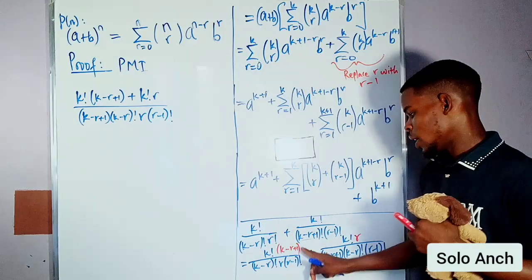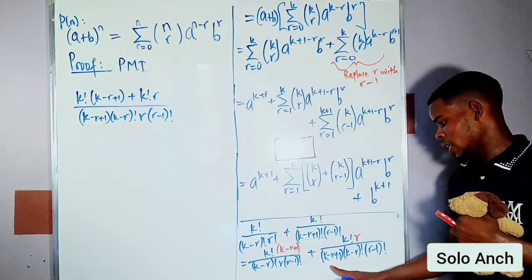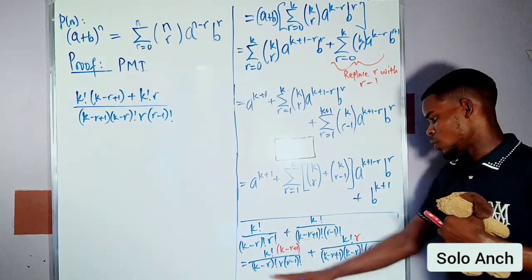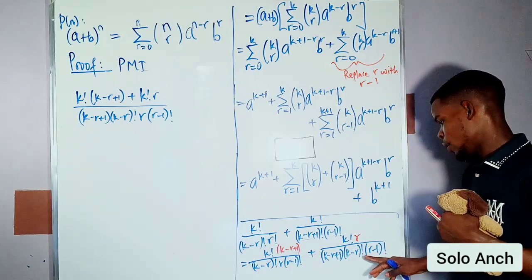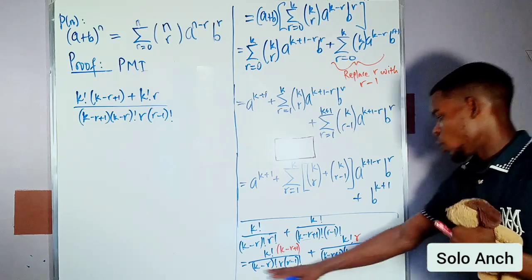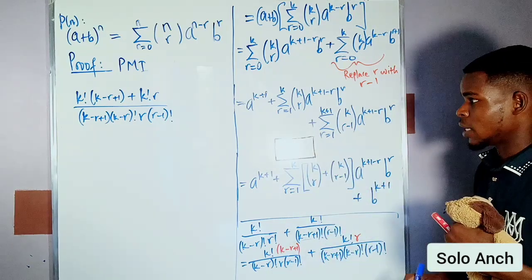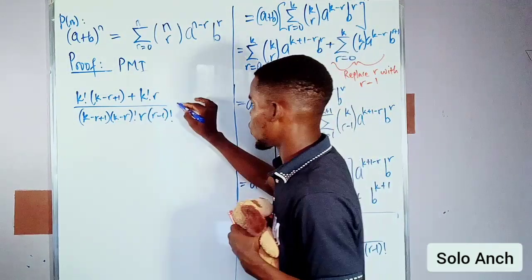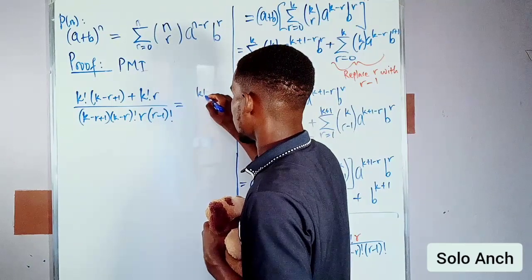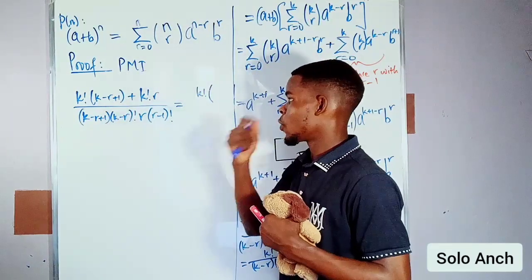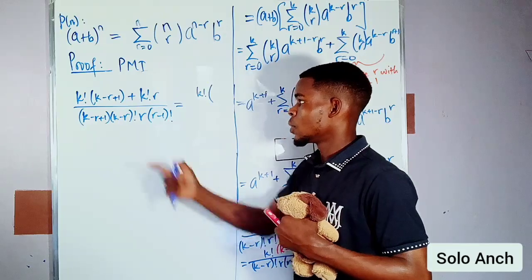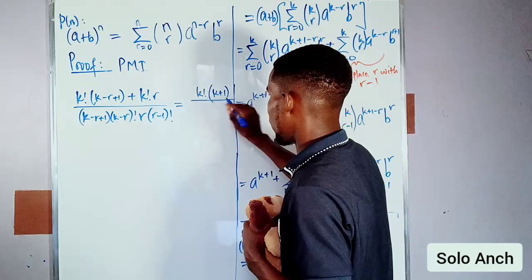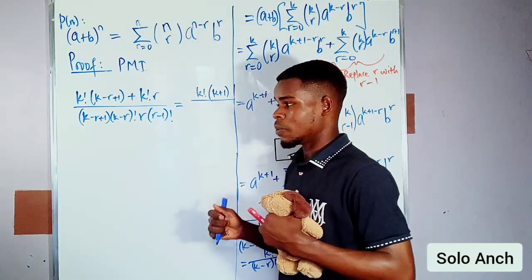So all the terms will be there in the denominator. You notice that the thing common here is k factorial. If you factor out k factorial, we are going to have k minus r plus 1 plus r, which is k plus 1. So we have k plus 1 at the top, divided by what we have at the bottom.